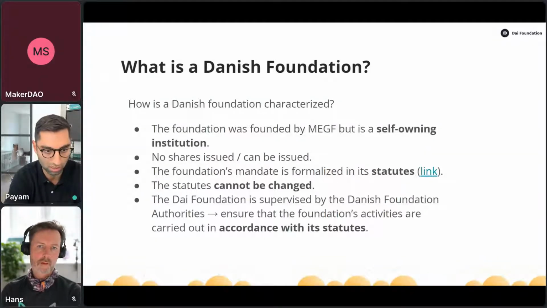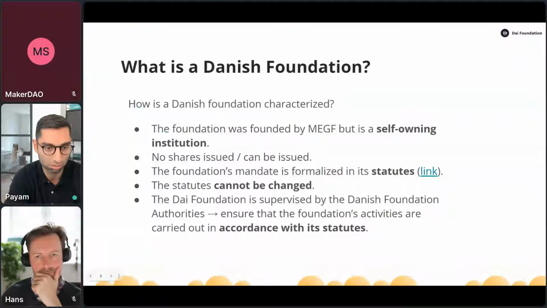Those principles are stated in the statutes, and those cannot be changed ever, period. If you want to see the statutes, there is a link in the presentation, and they can be accessed through our page.